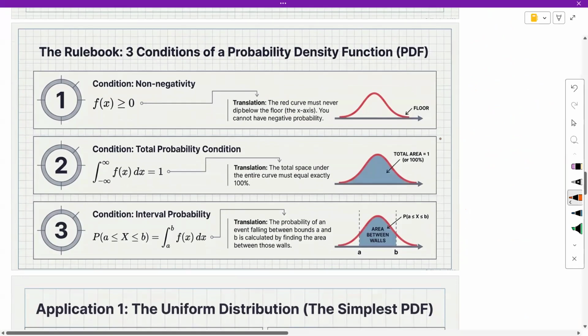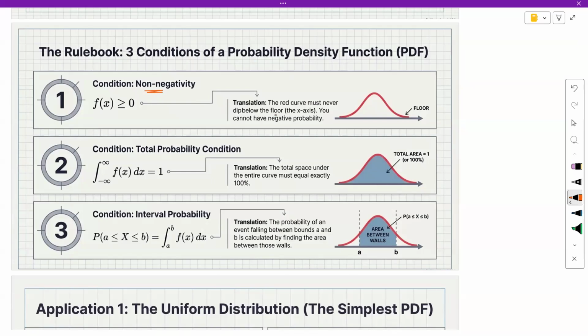The rule book: preconditions of a probability density function. There are 3 rules. Condition number 1, non-negativity. As I told you earlier, the probability should range between 0 and 1. It never goes below 0. It means no negative.